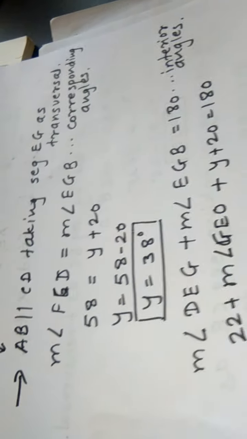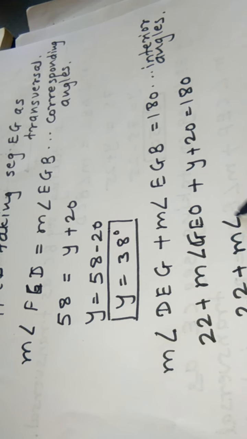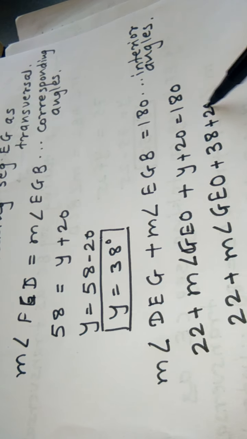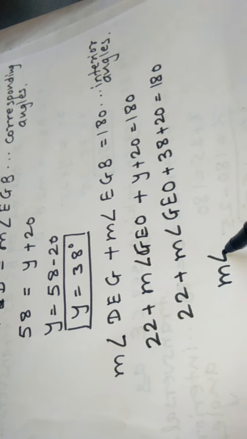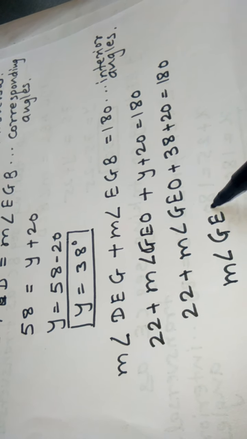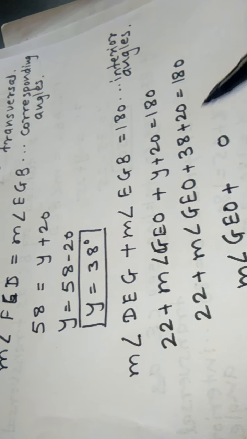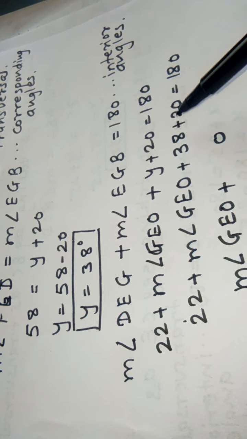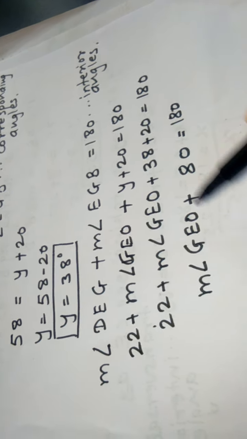Now see, we can solve this. 22 plus measure of angle GEO plus the value of y, which is 38, plus 20 is equal to 180. That is measure of angle GEO plus 2 plus 8 is 10, 3 plus 3 is 6, 6 plus 2 is 8, equal to 180.